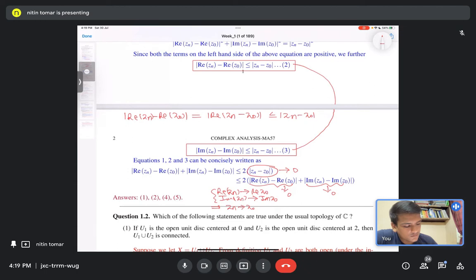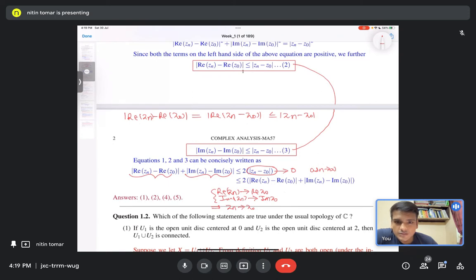And the converse is also true. Why? Because if zn goes to z naught, which means the modulus of zn minus z naught goes to 0 as n tends to infinity, now these two positive numbers are smaller than 2 times mod of zn minus z naught.